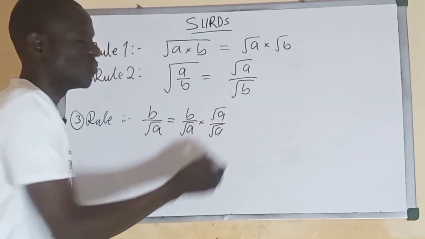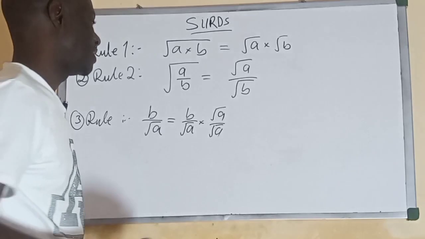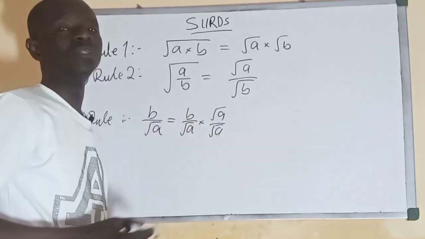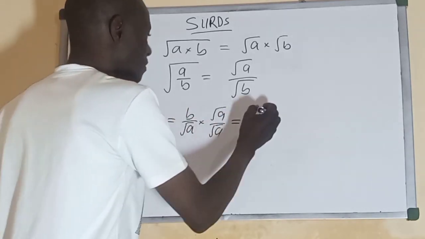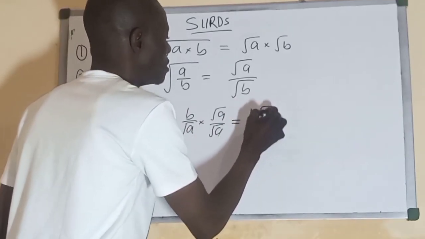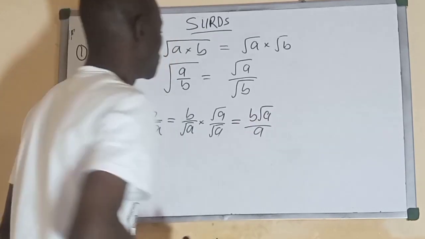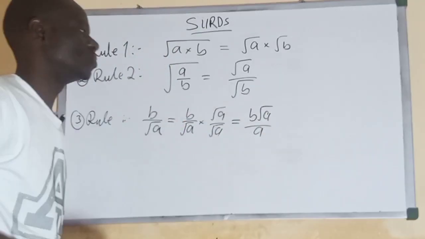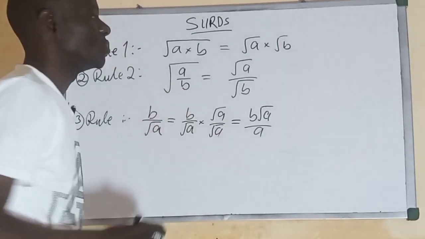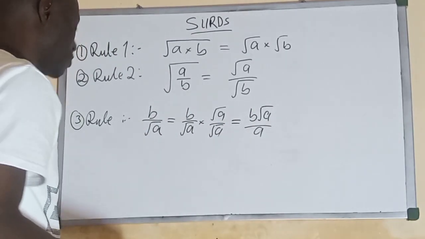This one is just like 1 because any number all over itself is 1. You just multiply this with 1, so you are going to have b root a all over a. So whenever you have an expression in this form, you change it to this form. This is what rule number 3 is saying.